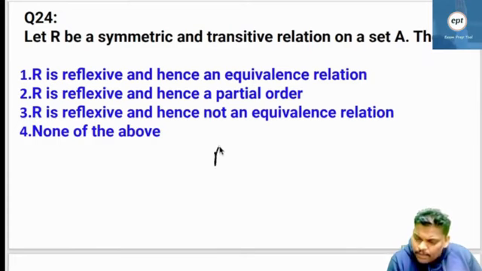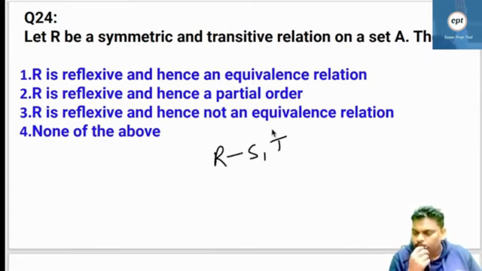Remember, R is symmetric and transitive. Collect the definitions of both symmetric and transitive. Then R is reflexive? How is R reflexive?